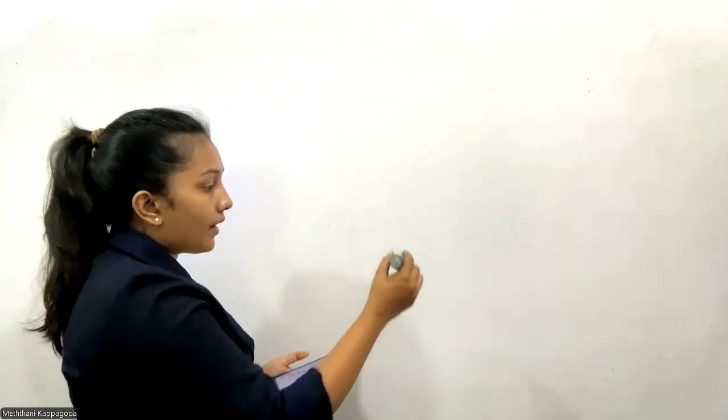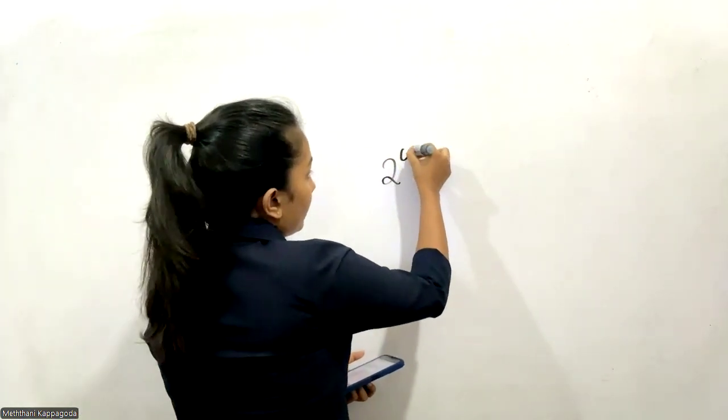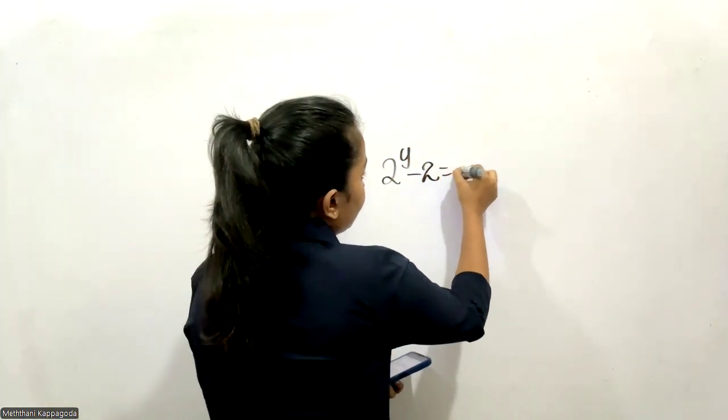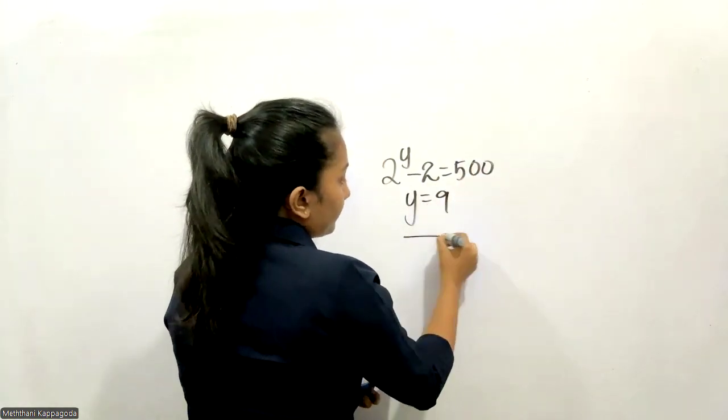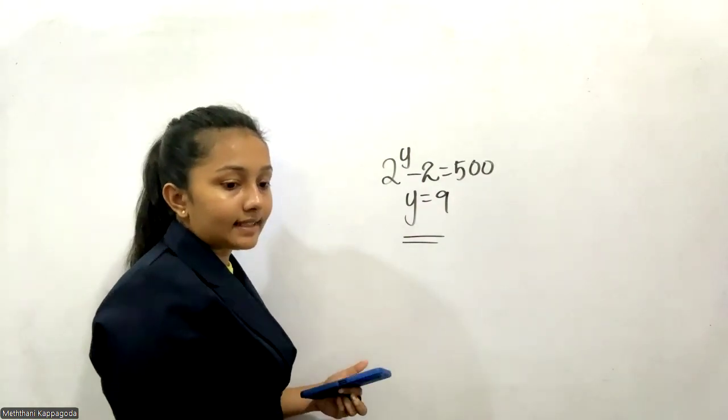For question number 14, a local area network has 500 network devices. What is the most appropriate subnet mask for this computer network? If there are 500 devices, it means 2 to the power y minus 2 equals 500. Then y should equal 9. Approximately, you can get the answer as 9.